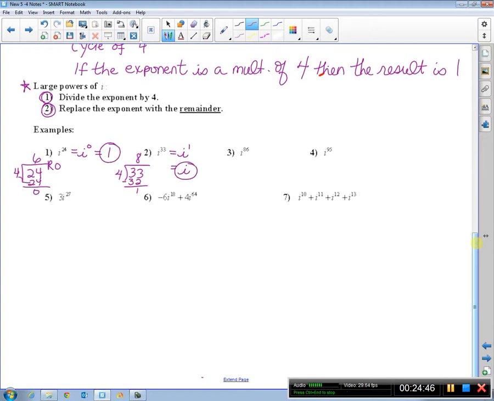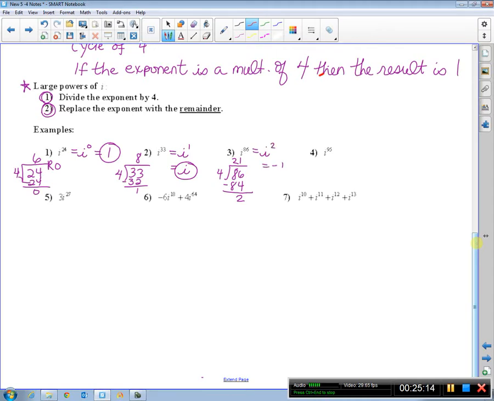Let's try 86. 86 divided by 4. You can use your calculator to see how many times it goes in. We subtract, and you see your remainder is 2. That means this equals i to the power of 2.